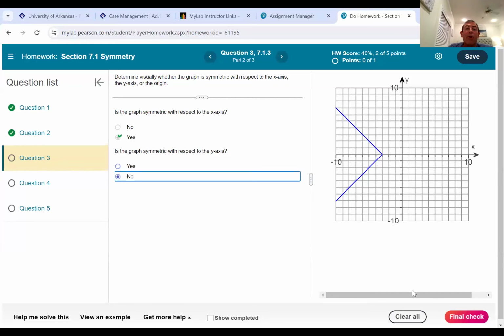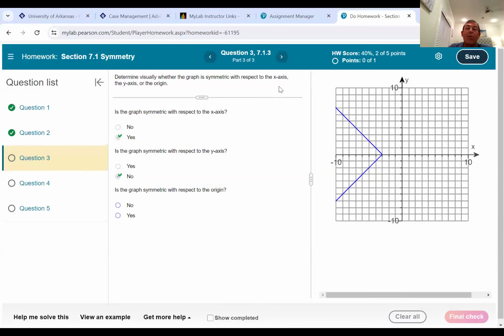And then, you know, it's probably going to ask us about the origin, I bet. So, is it symmetric to the origin? If we was to turn it 180 degrees, would we have the same picture? Well, y'all, that'd be a no, because if you turn it 180 degrees, the V will be on the right side opening up. It won't look like a greater than no more.